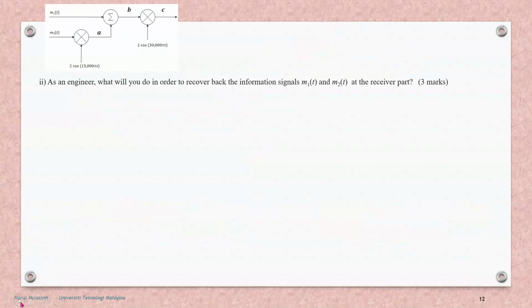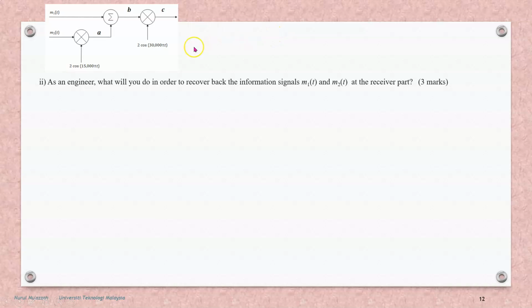For question number 2, this is what we call a K-bar question, or higher order thinking question, so it can have several answers. First, as an engineer, what will you do in order to recover the information signals M1t and M2t at the receiver part?